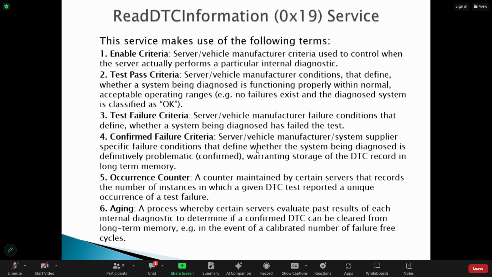So for those ECUs, the enable criteria is whenever powered on, that ECU will run a test to check whether all parts are working fine or not. So for those ECUs, the enable criteria will be powering on the ignition. Understood? So that is what is meant by enable criteria.